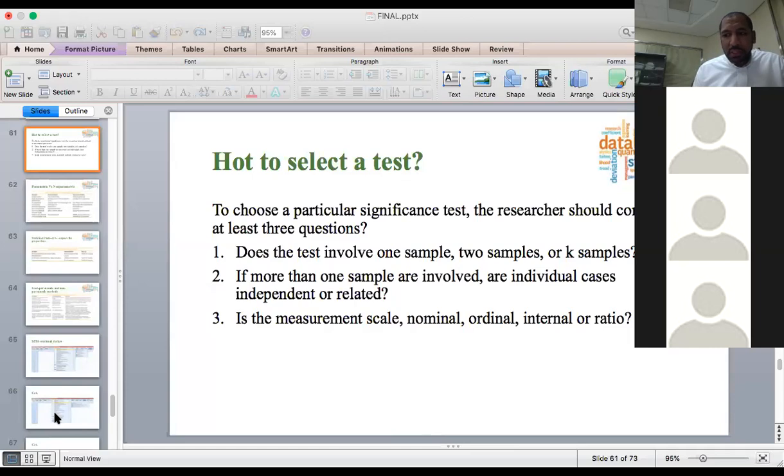Age is a numerical continuous data, and pulse is a numerical data. So if I would like to study the relationship between age and pulse, we do what we call a correlation coefficient.